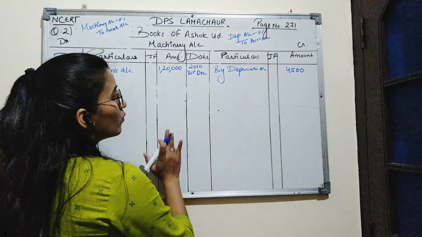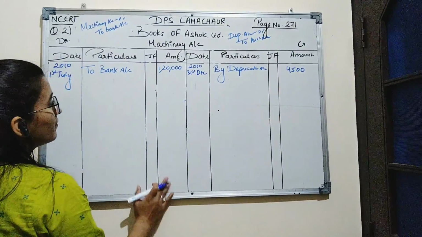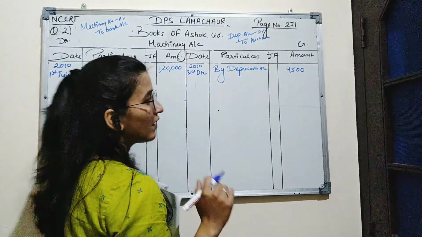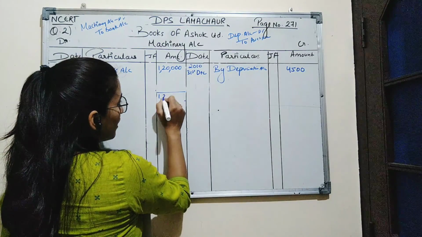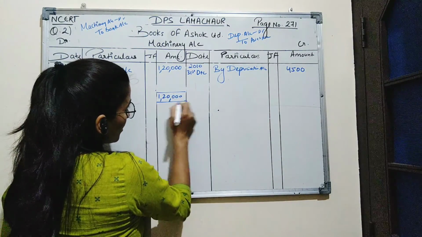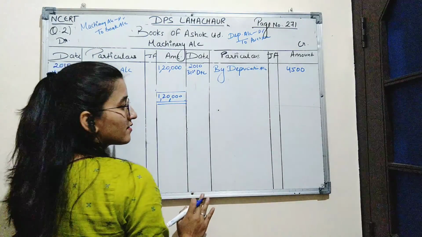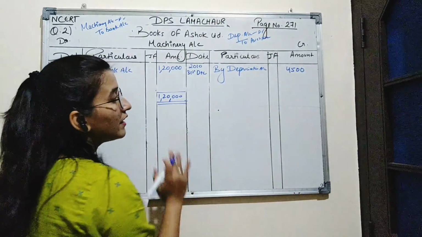Now we will see which side of the machinery account has the greater value. So here debit side amount is 1,20,000, credit side is 4,500. That means debit side amount is greater, which is 1,20,000. As we know, according to the double entry system, both sides, that is debit and credit side, should have equal totals.